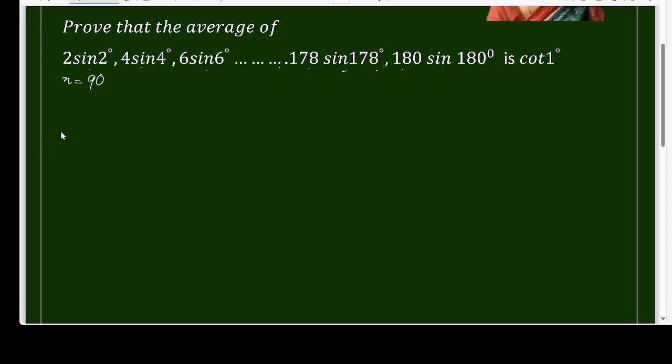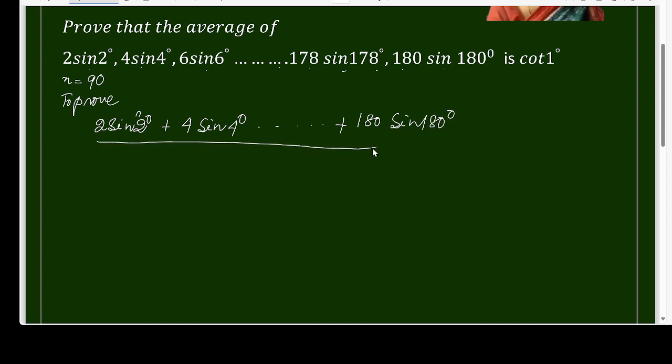That means we have to prove that 2 times of sine 2 degree plus 4 times of sine 4 degree up to 180 times of sine 180 degree, divided by 90, is equal to cot 1 degree.